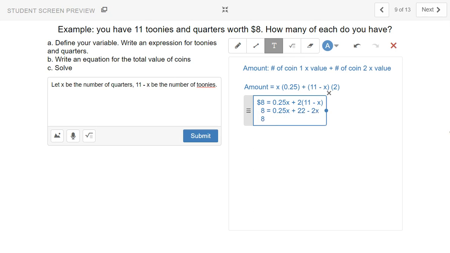Let's simplify again. 8 is equal to negative 1.75x plus 22. Now I'm going to rearrange the 22. 8 minus 22 is equal to 1.75x.